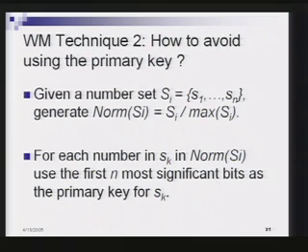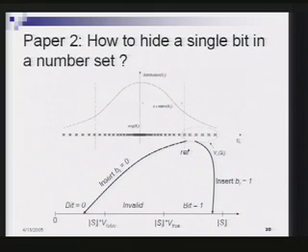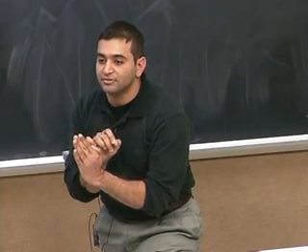So how to avoid using the primary key? What did I show you here? I showed you a technique. If you have a list of numbers, I can hide in this list of numbers a 1 or a 0. Where are the user constraints? Yeah, I will show you. The user constraints are enforced when you are changing the points. When you are changing the points, the user constraints will constrain the amount of movement for each point.